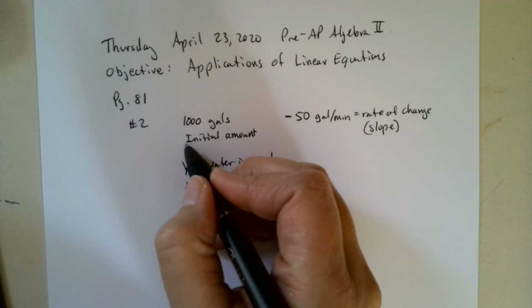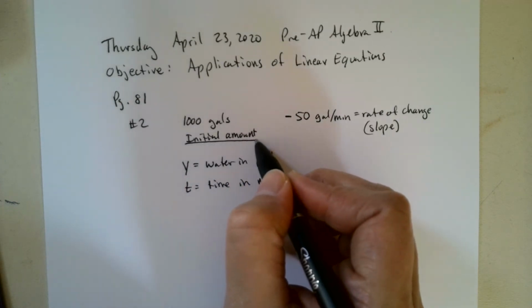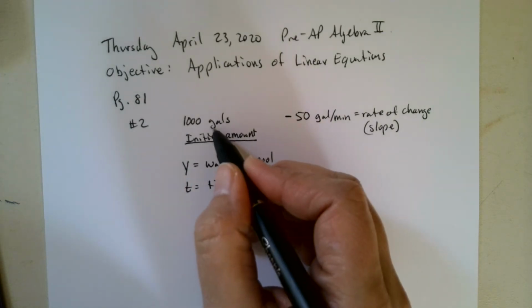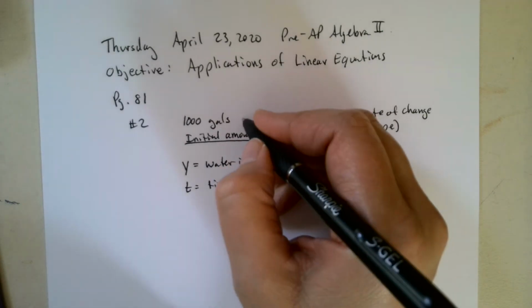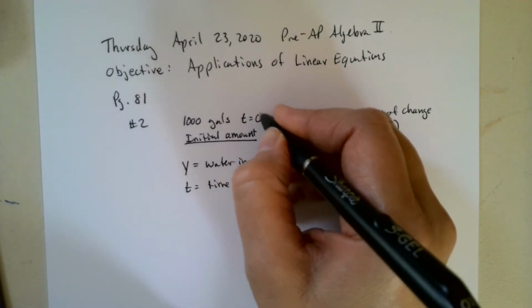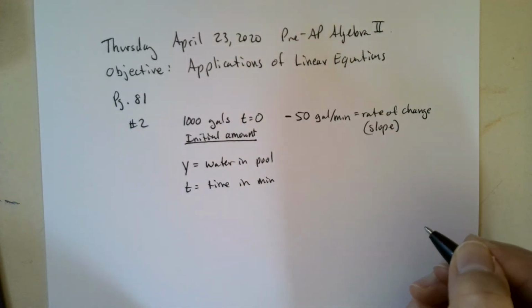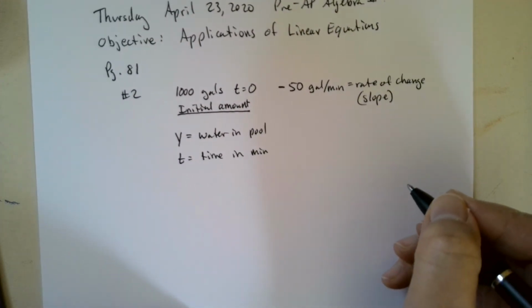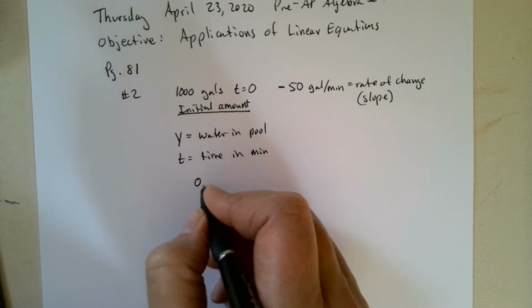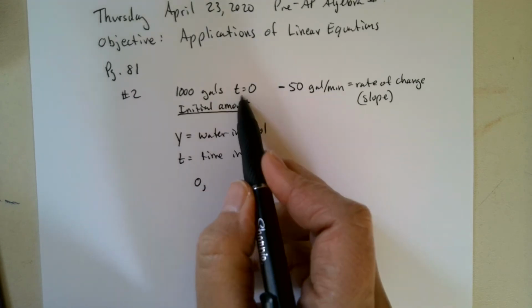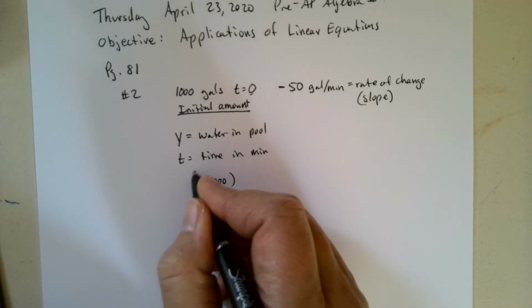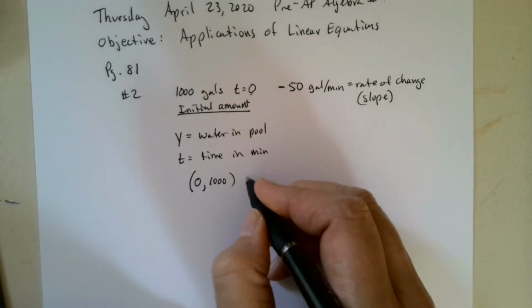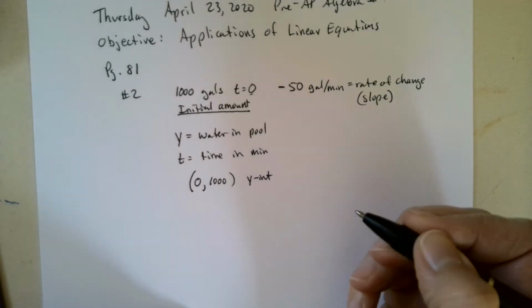So if this is the initial amount, this is how much water was in the swimming pool at the beginning before anything happened. So that would be when the time was 0. So they're giving us the initial time. At t equals 0, there were 1,000 gallons, and that is our y-intercept.